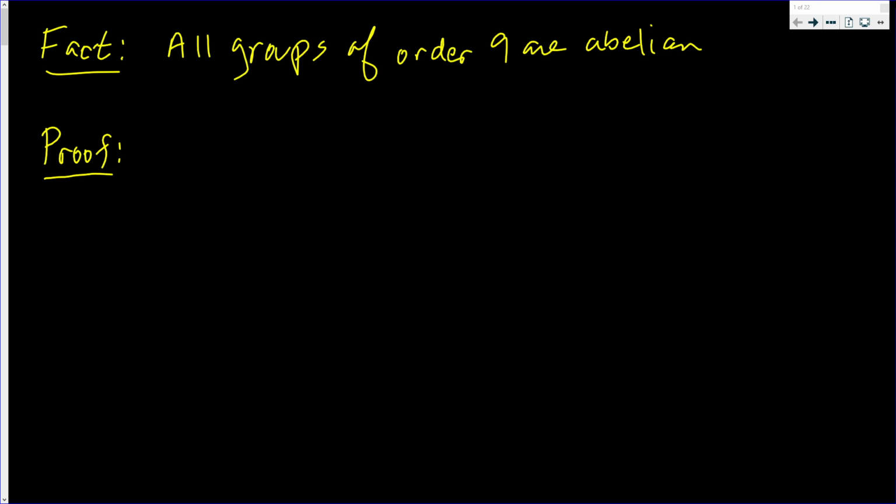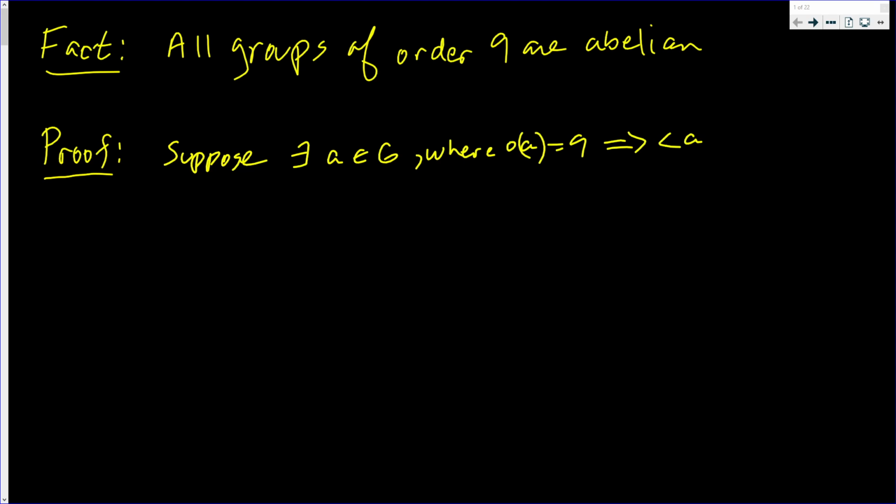Now, suppose there exists an A in G where the order of A is 9. That is, the generator of A is G. Let G be a group.